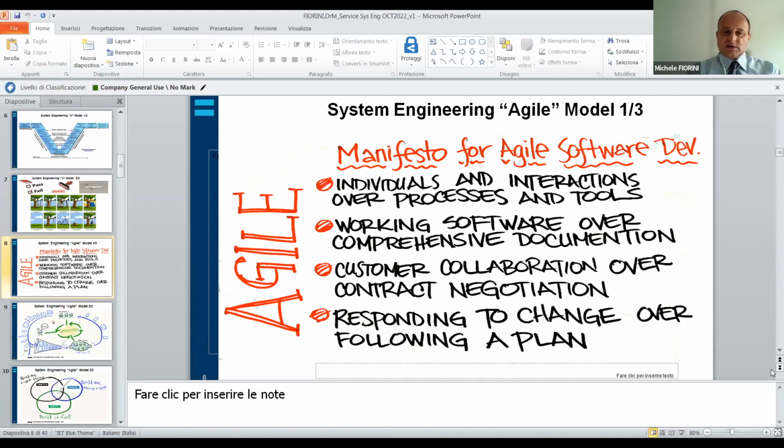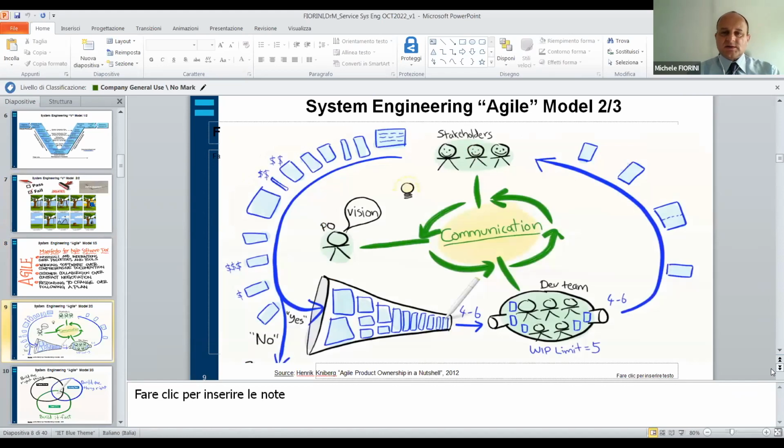I'm just simplifying some concepts, without going into much detail. How does system engineering in agile mode work? We have a core development team, which is limited in terms of capability and people, so very agile. They produce sprints and develop the requests from the stakeholders.